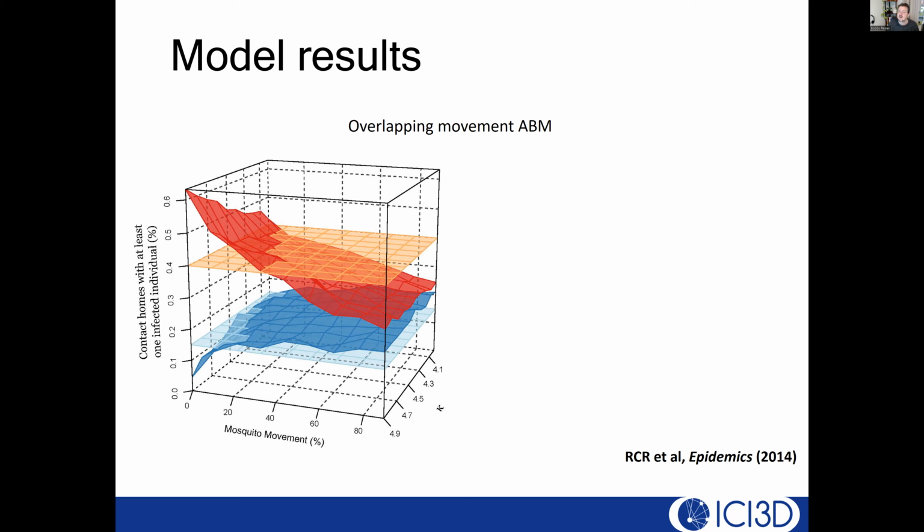The data that started our observations were: when you start with an individual who's actively infectious, and you think about the houses that person visits, how many of those houses have at least one person who's also actively infectious? We saw that was around 40%. That's why there's an orange surface at 40%. That's what we're trying to match.